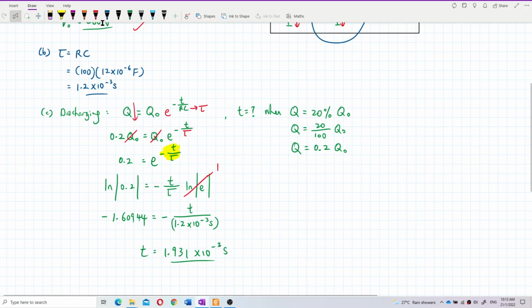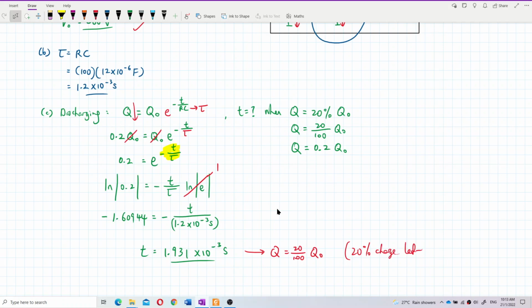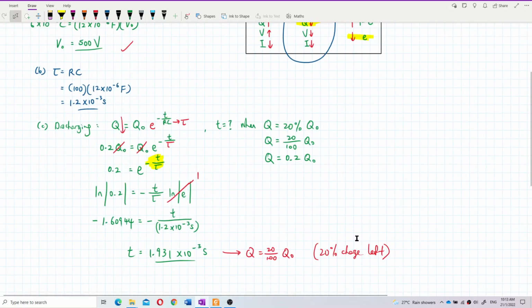That's the time when the charge becomes only 20% of the initial charge, the time when 20% of the maximum charge is left.